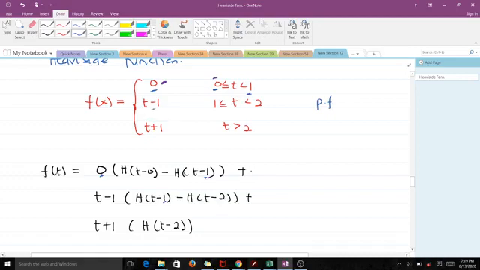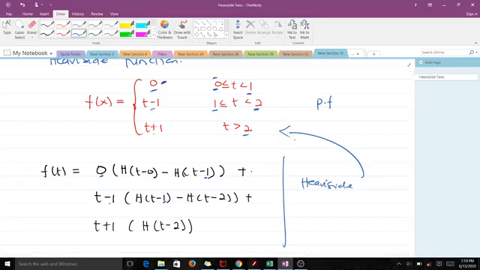Then plus t minus 1 times h of t minus 1, then minus h of t minus 2, then plus t plus 1 times h of t minus 2, because of what we have here. So this here is the Heaviside form of this particular piecewise function. Whenever you have a piecewise function, this is what we do before we start solving.